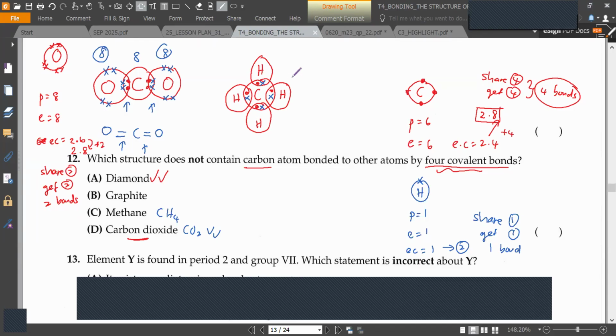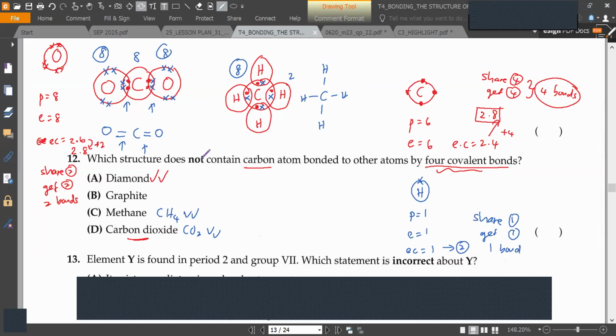Hydrogen ends up with 2 electrons, the full shell. Carbon ends up with 8 electrons, the full shell. And here we can see carbon forms 4 bonds. So this is what we want. So this is also correct.